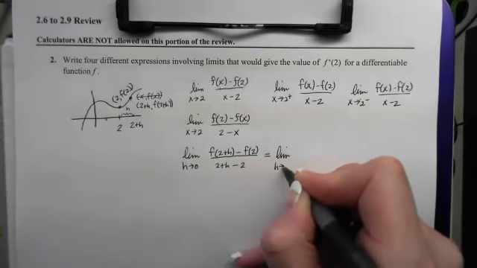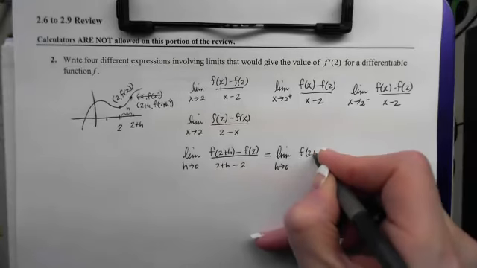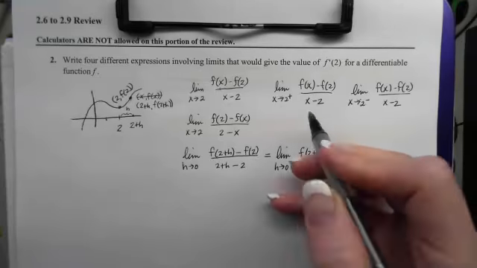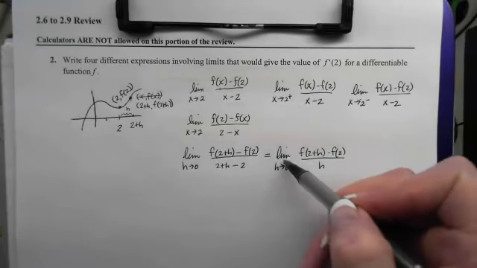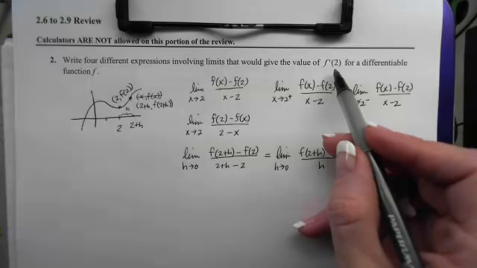When I do this, we will get that definition that we are accustomed to seeing, f of 2 plus h minus f of 2 over h. And again, just like up here, I could approach that 0 from the right, or I could approach that 0 from the left, and they will both generate the same answer provided that derivative exists.